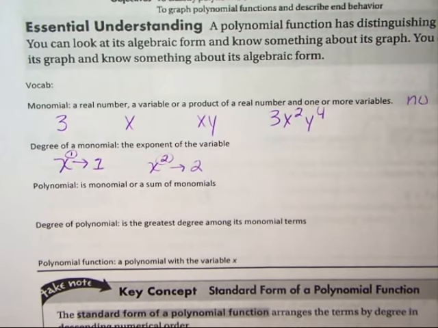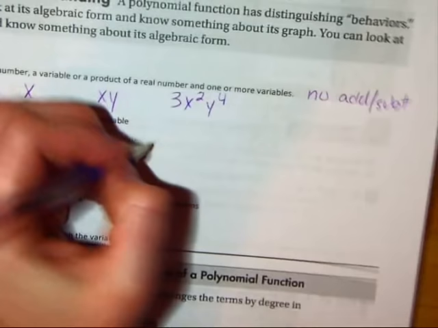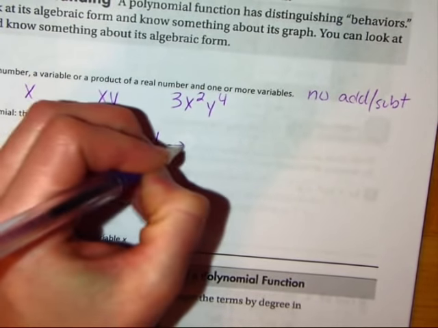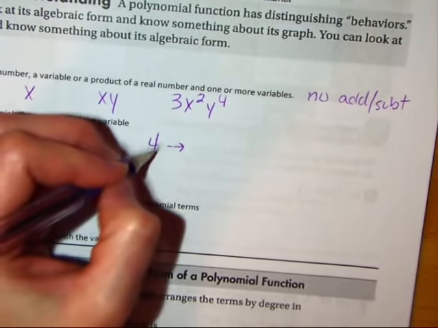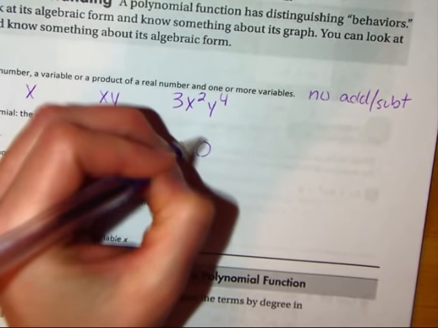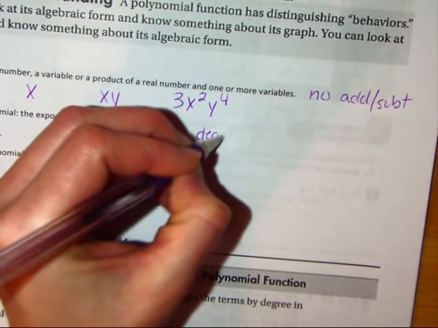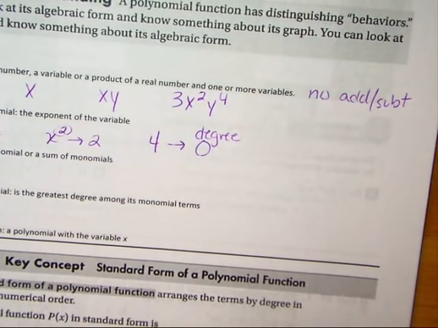What's the highest degree? That's the degree of your monomial. But let's say that you have 4. What's the degree here? Well, you would pretend like there was an x. The degree is the degree of the variable. So since there's no variable, the degree would be 0, because that would make your variable x to the 0 power and therefore not show.